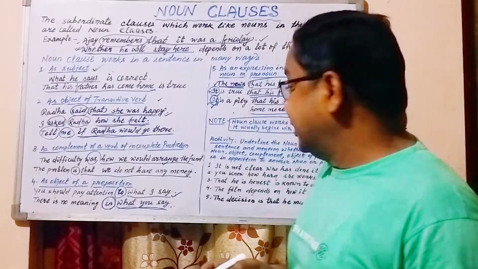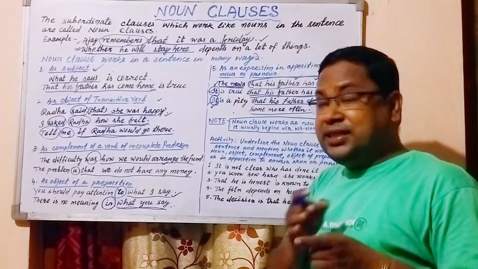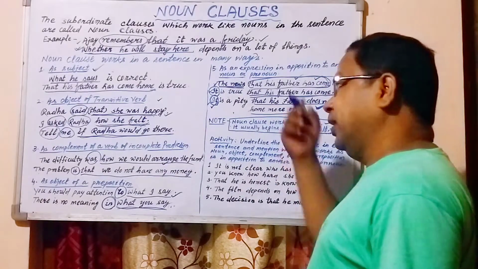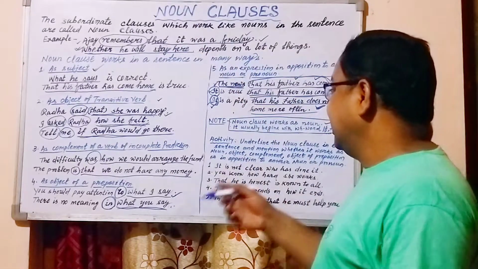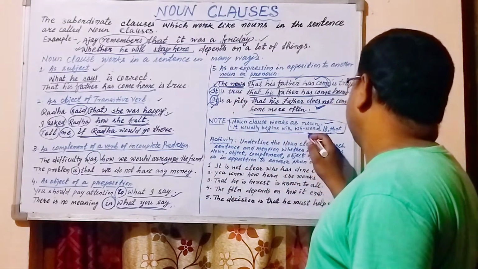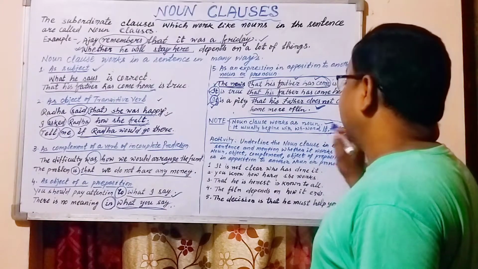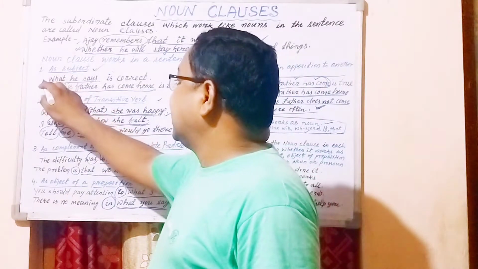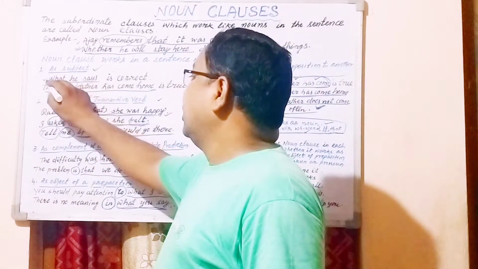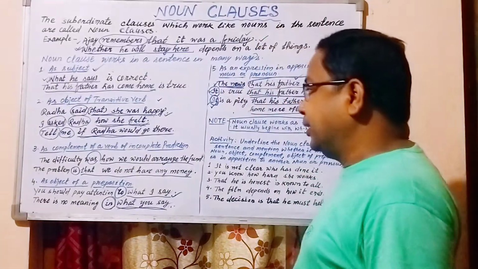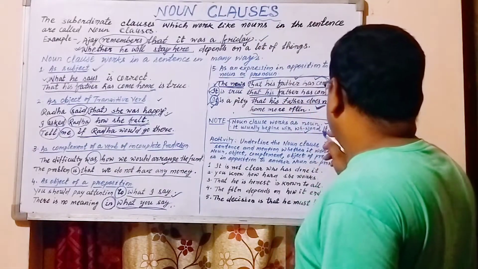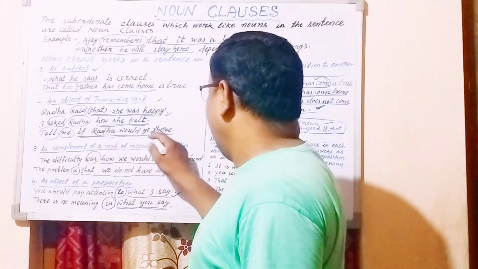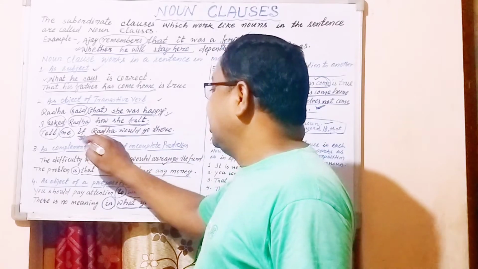Okay, so in today's class we have learned the functions of noun clauses in different ways in different sentences, and from today's class we learned that a noun clause works as a noun. It is very clear from the beginning. And second, that it usually begins with a WH word, if, or that. You can observe a WH word in the first sentence, what he says. So it starts with a WH word. Also if, you can say here, tell me if Radha would go there. Here it starts with if.